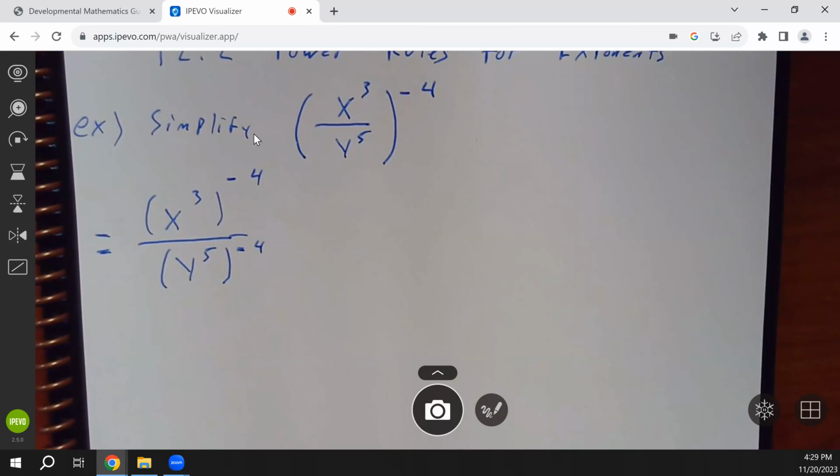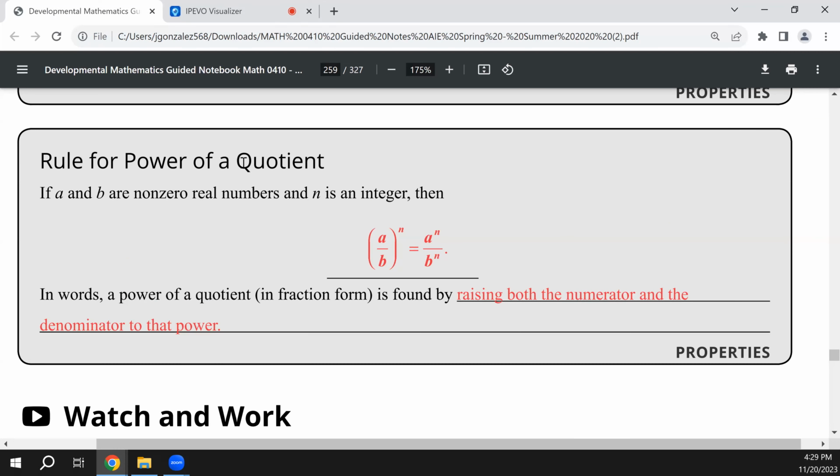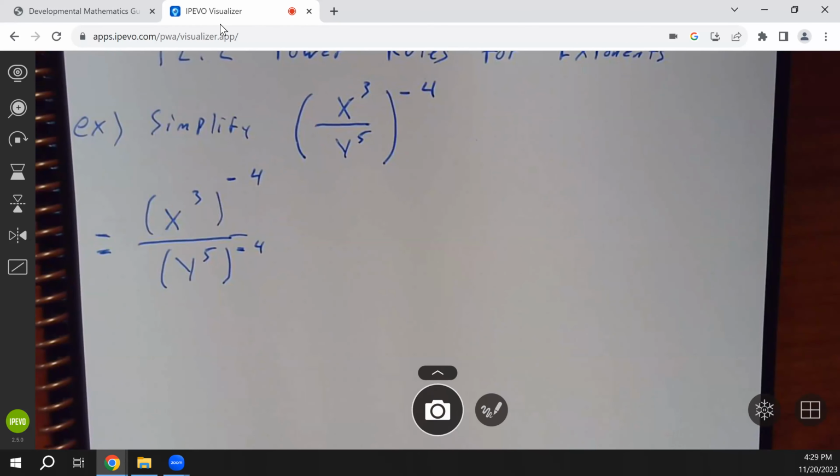That makes sense. It's the rule for a quotient. So we have the quotient.